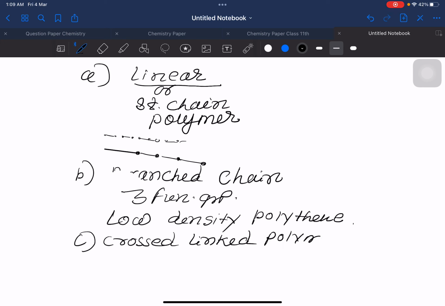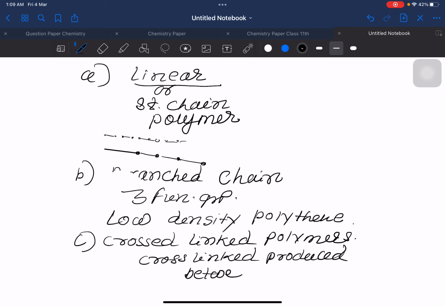And the third one is cross-link polymers. The third type of arrangement is the cross-link polymer, where cross-links are produced between linear chains.